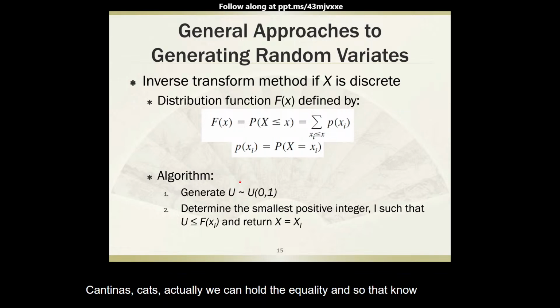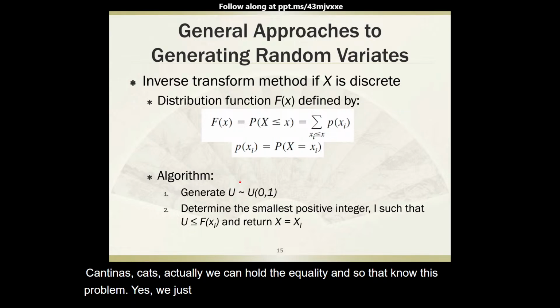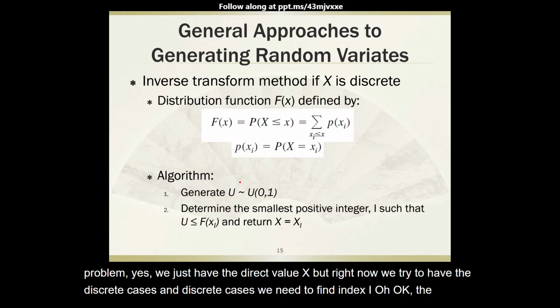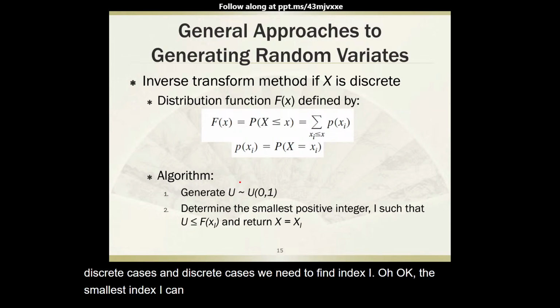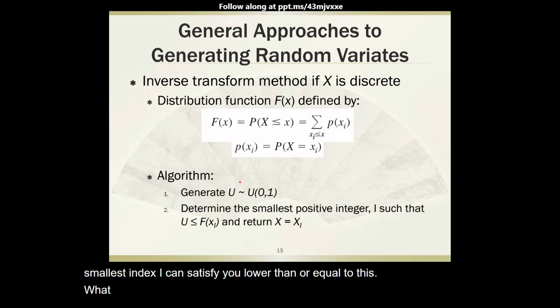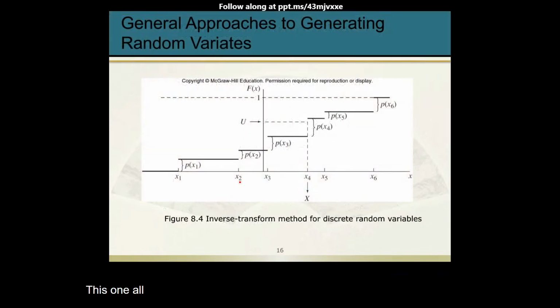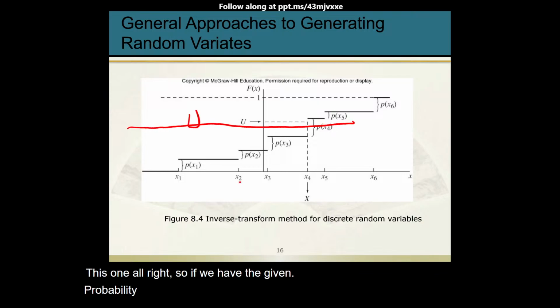Yes, we just have the direct value x. But right now, we try to have the discrete cases. In discrete cases, we need to find index I. The smallest index I that satisfies U lower than or equal to this. What does it mean? If we have the given probability U here, it just asks you to find the index, actually 4.